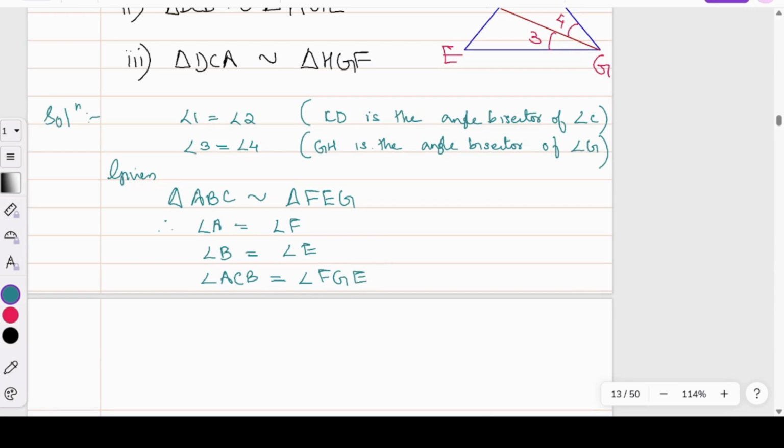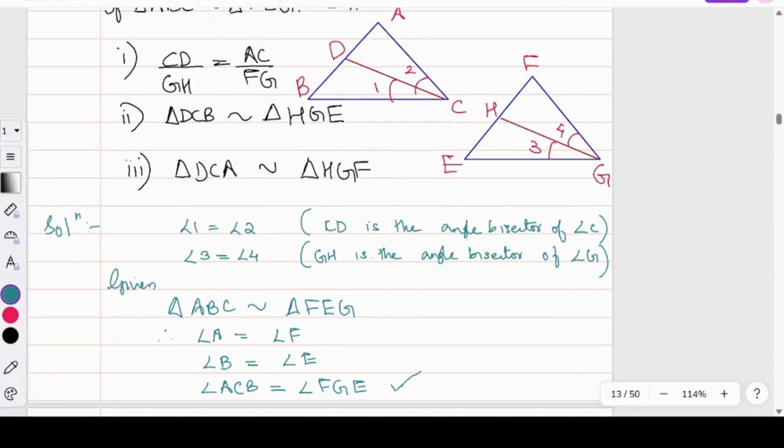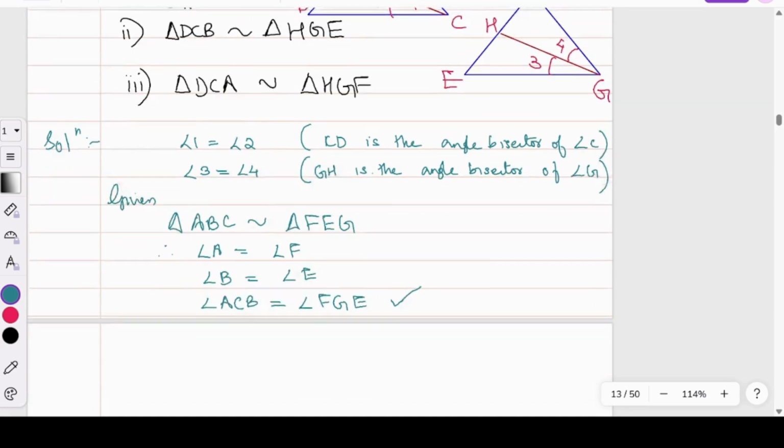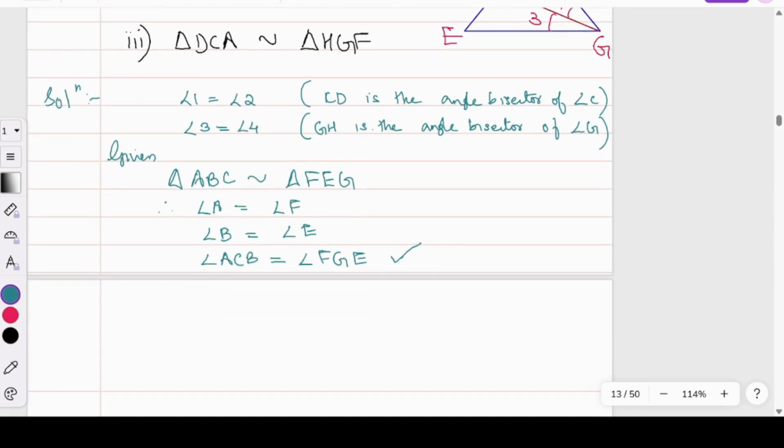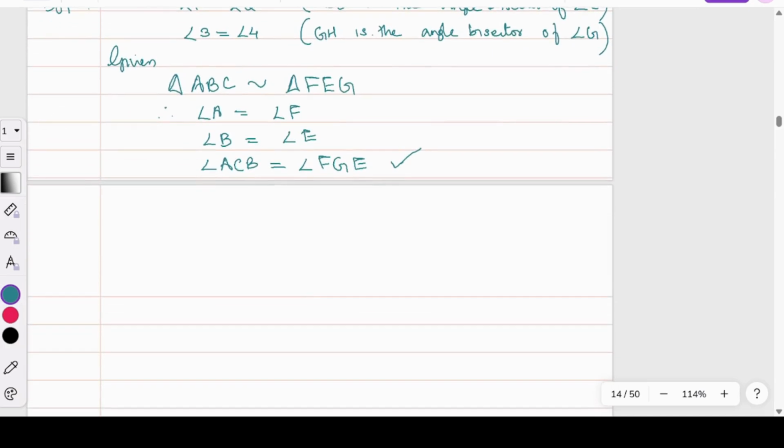Clear? Why did I write it like this? It is because you can see that there is an angle bisector going through that part. So that's why I expanded the angle's name as angle ACB as well as angle FGE. Clear?